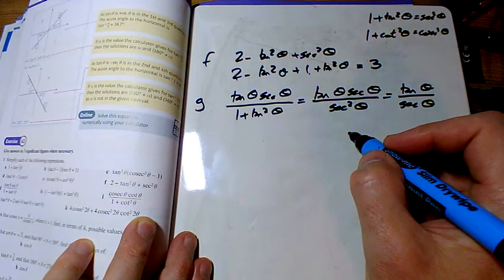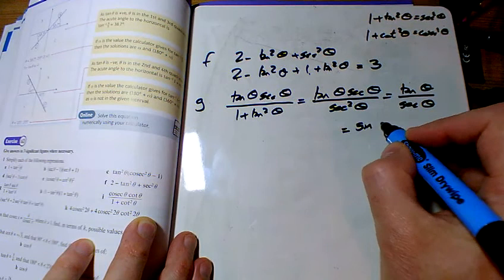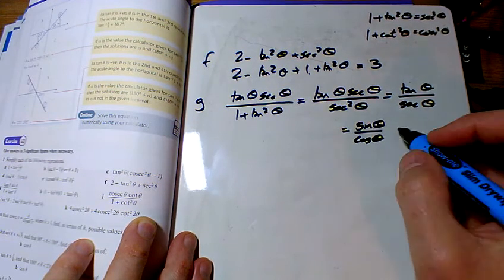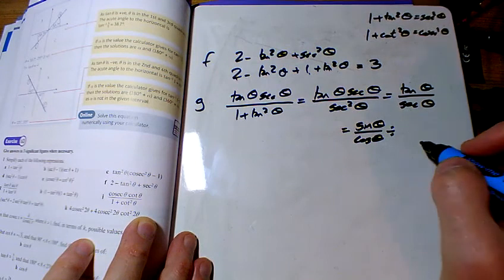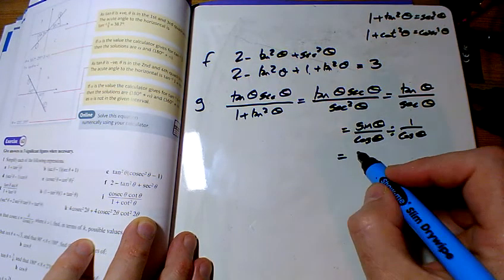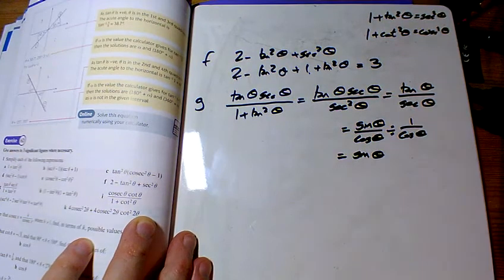I suppose we could leave it like that, but should we go on a little bit? That tan is the same as sine theta over cos theta, and we're dividing by a sec theta, which is a 1 over cos theta. Of course, if you divide, you multiply by this thing upside down, and those coses are going to cancel out, leaving us just with a sine there at the end.